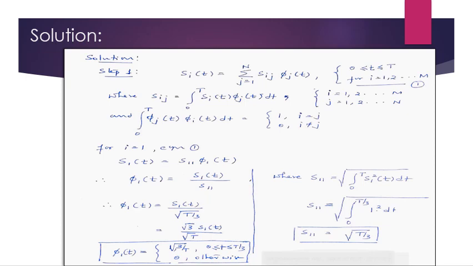So the overall phi1 of t can be written as root of 3 by T when t ranges from 0 to T by 3 and 0 otherwise. Here S1 of t is already defined as 1 when the limits are 0 to T by 3. Therefore it is understood that S1 of t equals 1 within the limits 0 to T by 3.